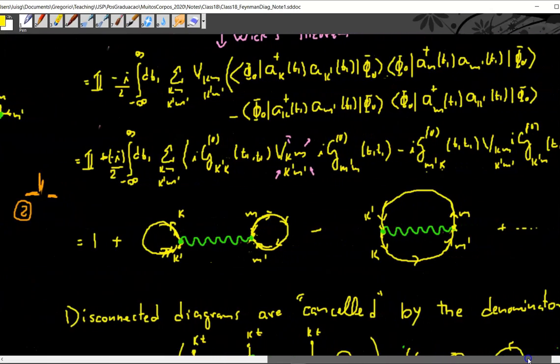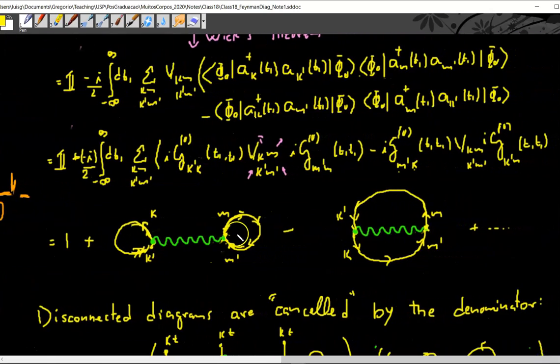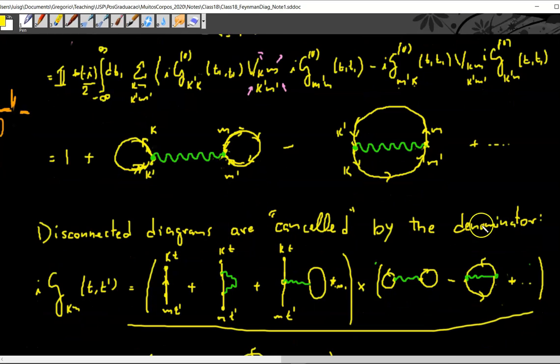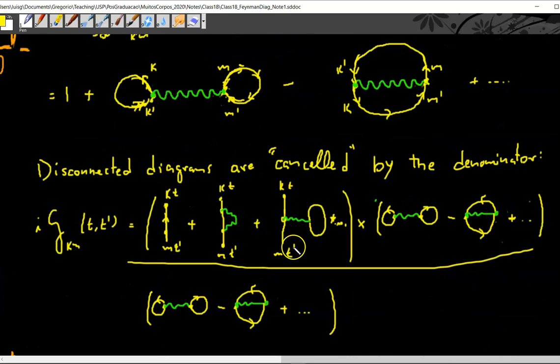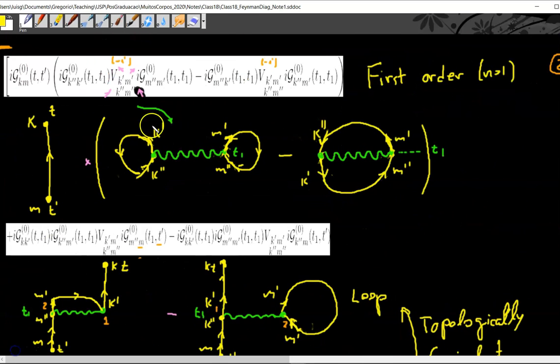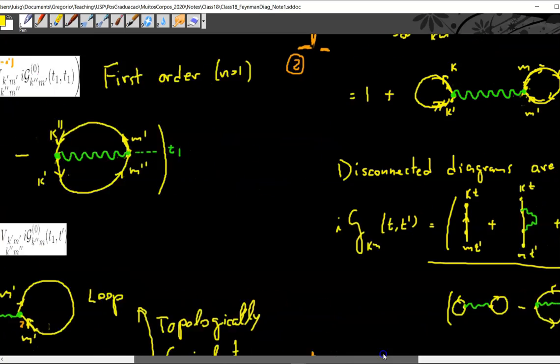All right, so these diagrams will cancel out. Why? Because remember, I have this thing in the denominator. So here I only have the first order term, so it would be something like this. It will be multiplying this series of disconnected diagrams here, and we already see that in the first order. If I go to second order, each one of these diagrams will also be multiplied by something like that, by a process like this, but then that would be a second order process that was not included here.